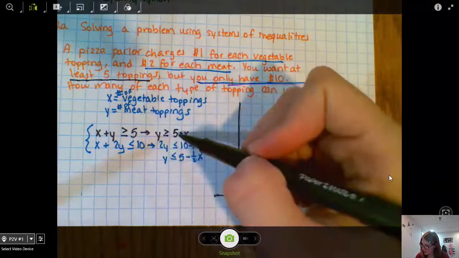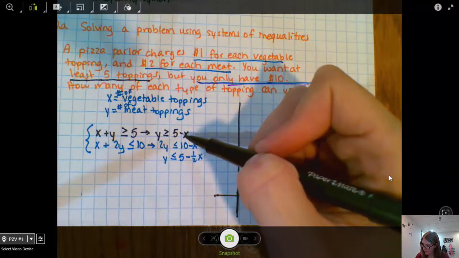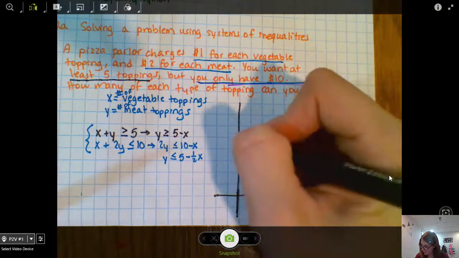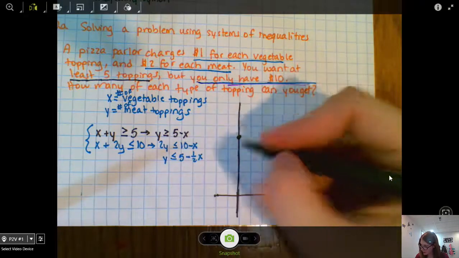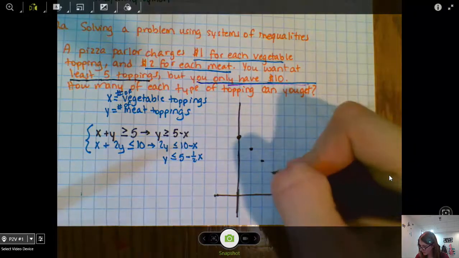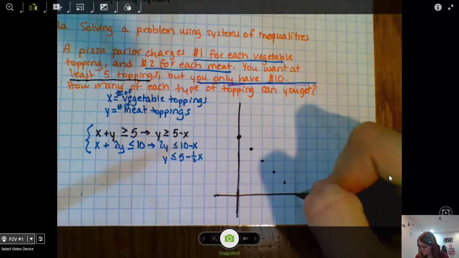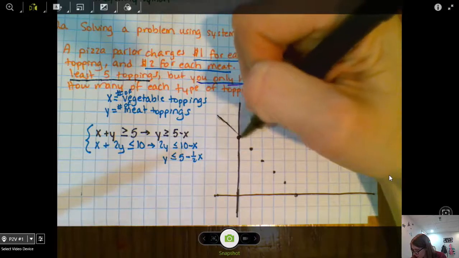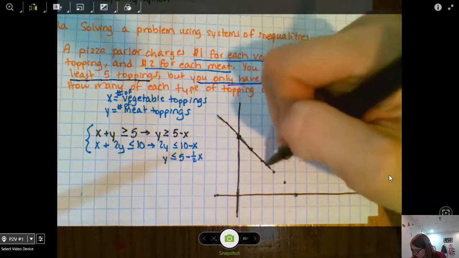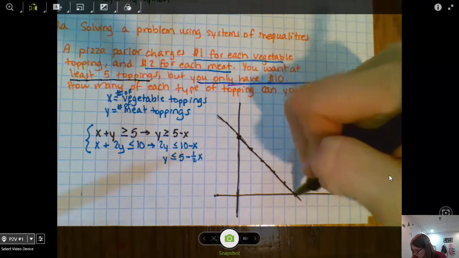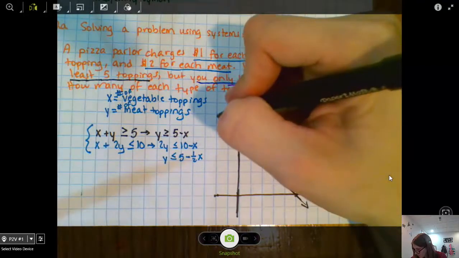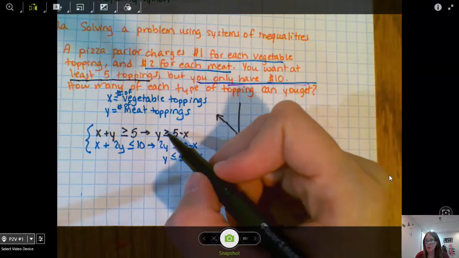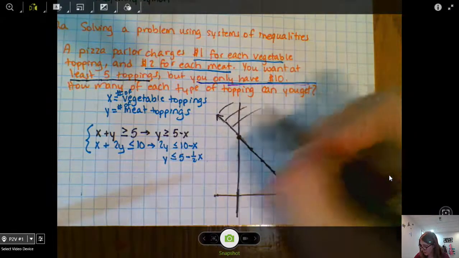My first inequality, y is greater than or equal to 5 minus x. My y-intercept is 5. And my slope is -1. And a solid line because I have that equal to option, shaded above because it's greater than.